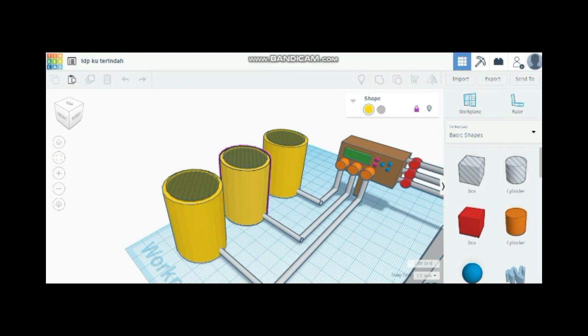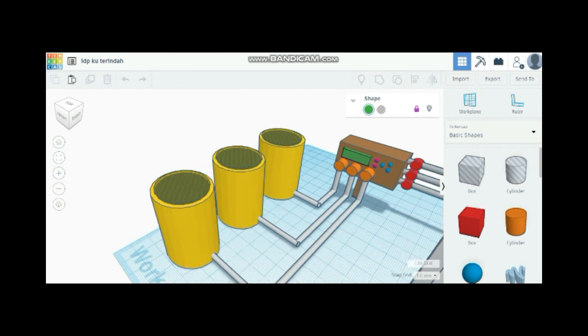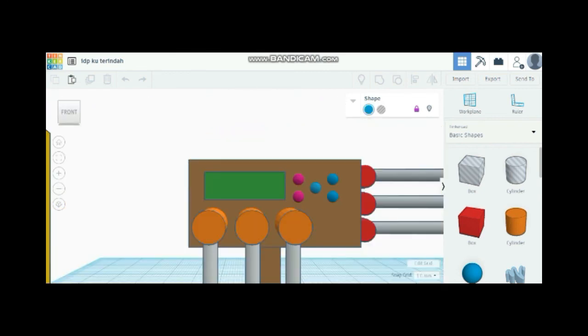The quantity of water and fertilizer that will be used will be set by the worker using this controller.